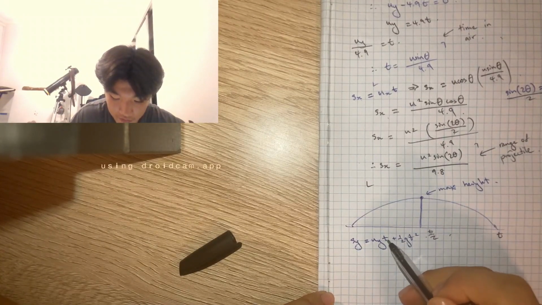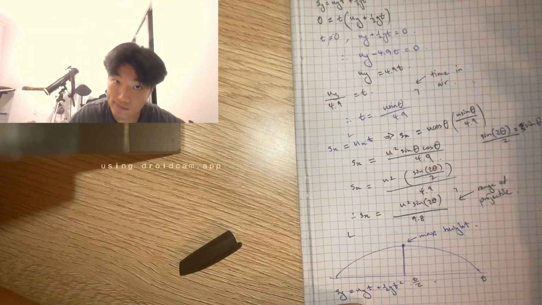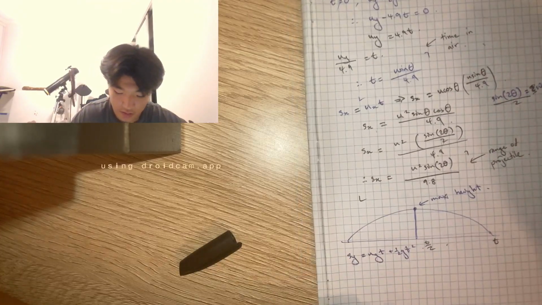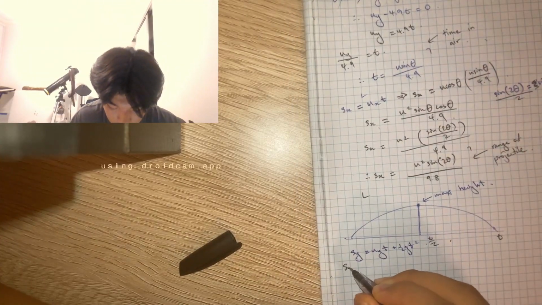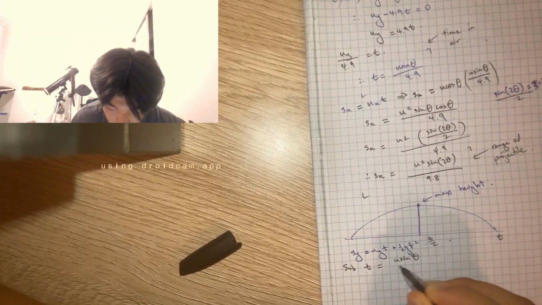So we can sub in half of t, and we've already rearranged for t up here, so we can use that. So therefore, sub t equals u sine theta over 9.8, but halved.